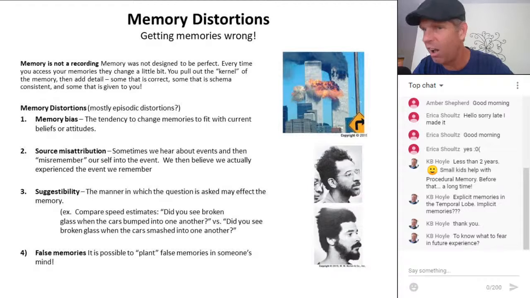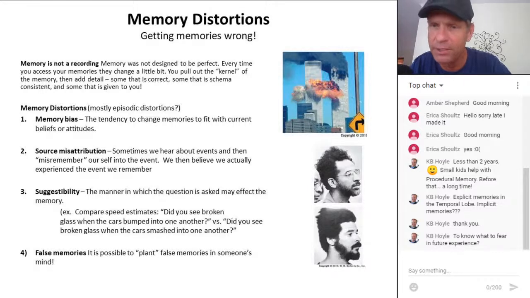But the crazy thing is, sometimes people who hear stories from other people accidentally think that they experienced the event as well. And this is known as misattributing the source of the memory, or source misattribution.